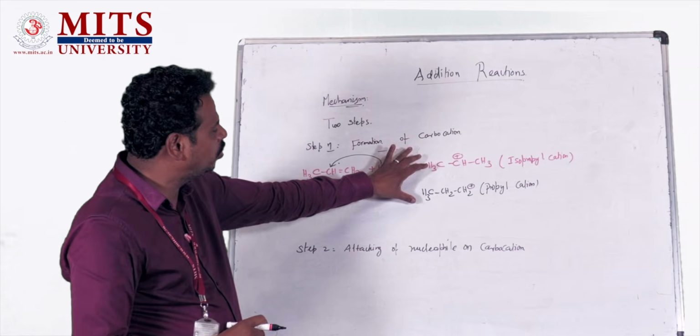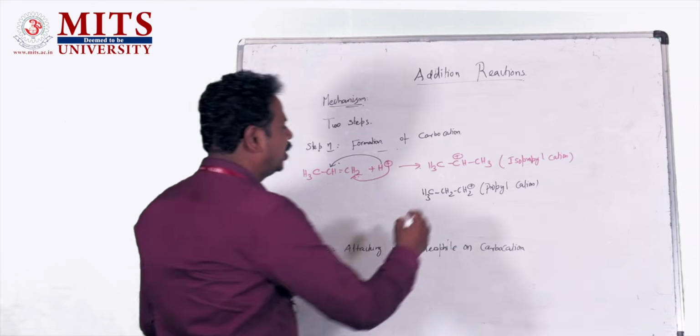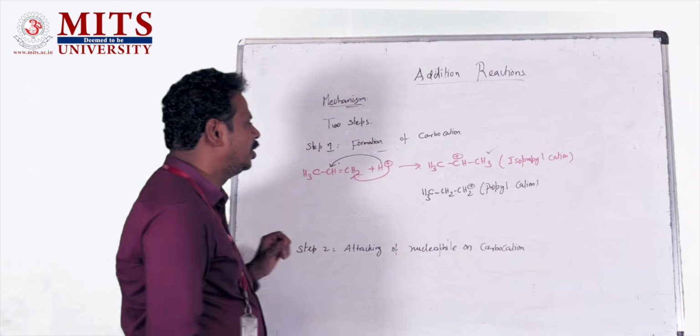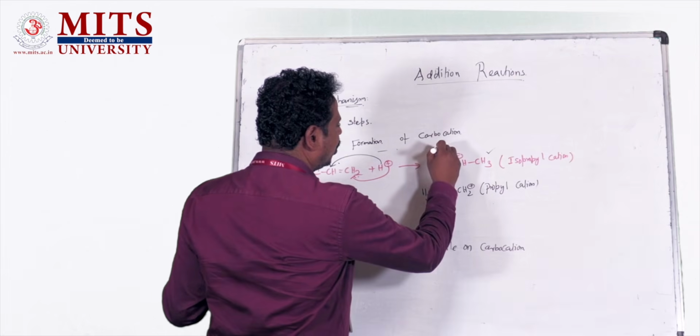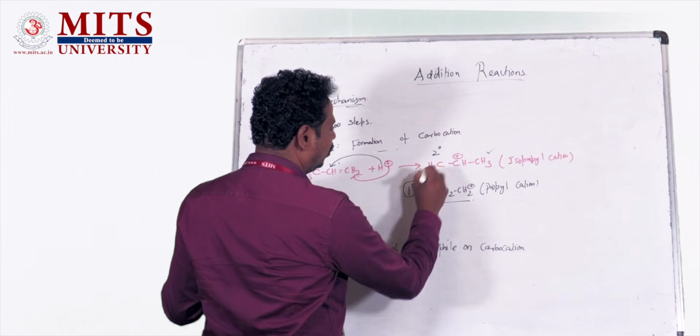So among these two, which one is possible to form? Obviously, the isopropyl cation. The reason is that the isopropyl cation is a secondary carbocation, whereas the propyl cation is a primary carbocation.